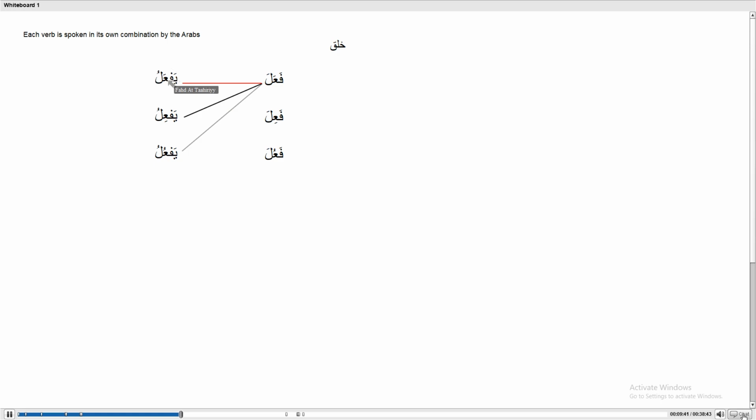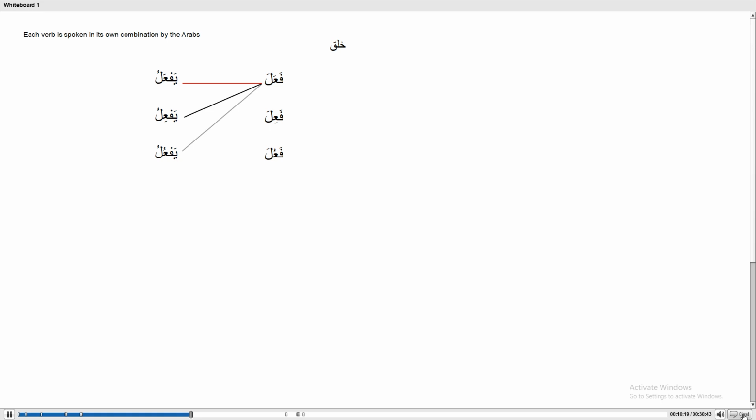So you say fataha yaftahu, and you say bada'a yabda'u, and you say sa'ala yas'alu. واضح? So you cannot say yas'ilu, neither can you say yas'ulu, because سأل, the mudari' of it, can only come on the scale of يفعَل, not يفعِل, neither يفعُل.